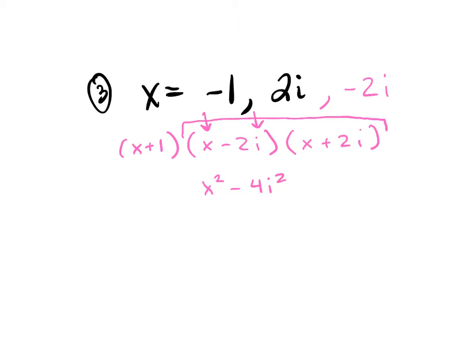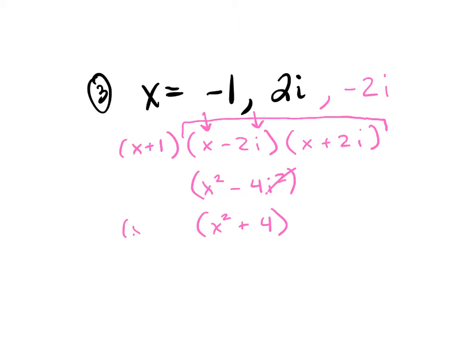If we FOILed it out, we would get the same answer, but we're just doing the shortcut. This x squared minus 4i squared, we can change to x squared plus 4. So the i squared becomes a negative 1, so we change our negative to a positive.